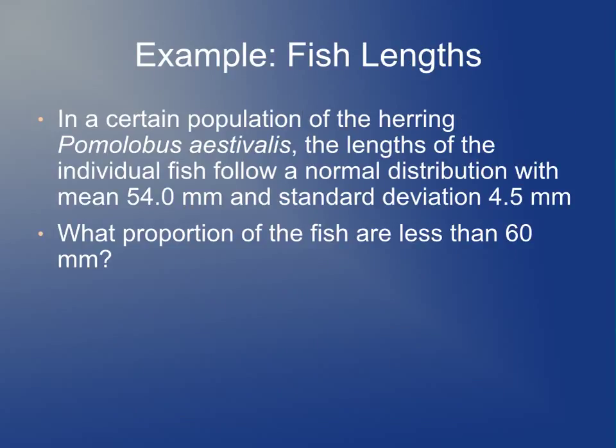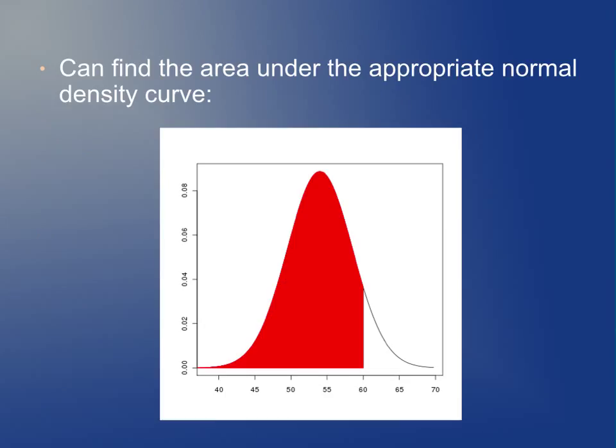So let's say, for example, that we have a population of fish and the lengths of individual fish have approximately a normal distribution with mean 54 millimeters and standard deviation 4.5 millimeters. Let's say we want to find what proportion of fish are less than 60 millimeters. Well, as I said before, you can do this by finding the area under the appropriate normal density curve.